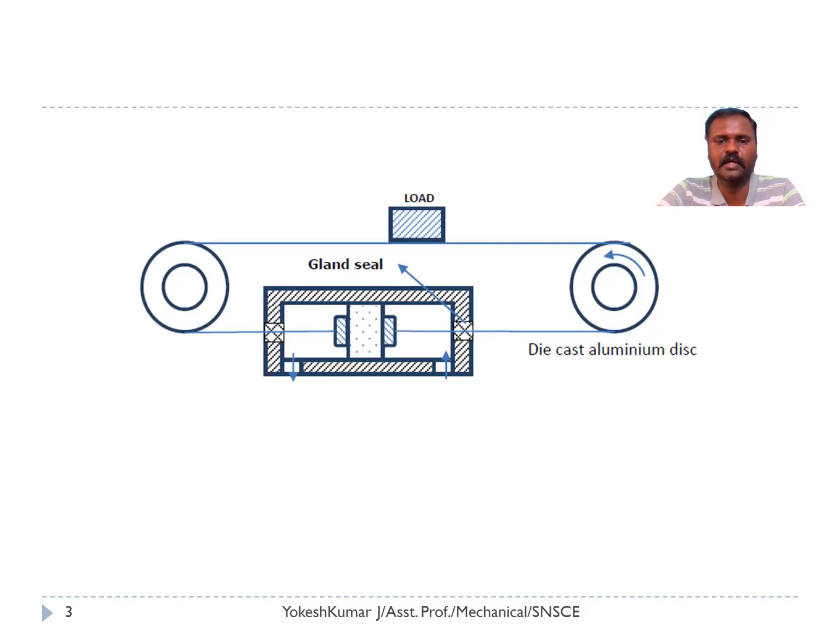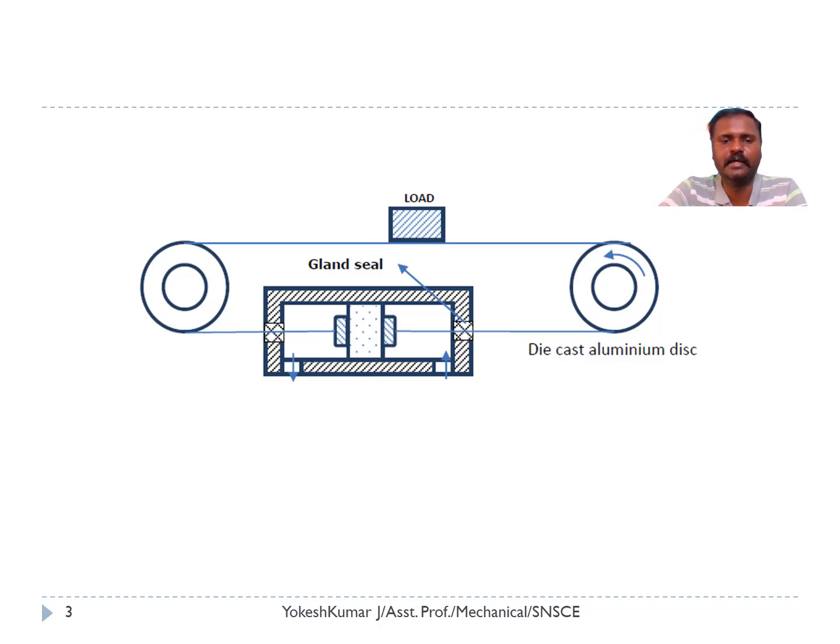Here we are using two aluminum die-cast rollers so that the linear motion can be transmitted to the top. At the top we have a load. From this constructional feature itself, we can conclude that this can be used as a conveyor for transporting material over very long distances, but it accommodates only very minimal space because of the constructional feature.